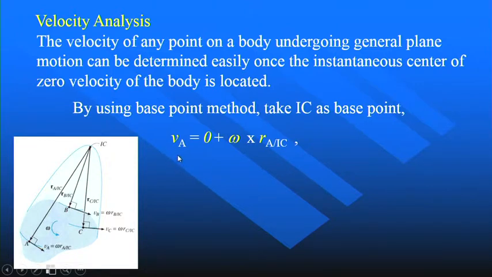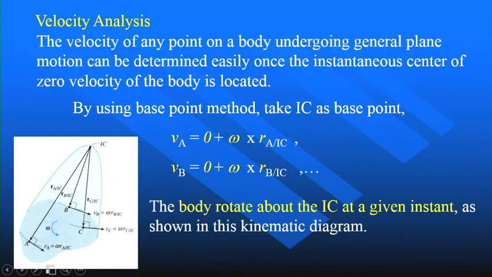Then the method gives the result VA equals 0 plus omega cross R A relative to IC, VB equals 0 plus omega cross R B relative to IC, etc. The body rotates about the IC at a given instant, as shown in this kinematic diagram.